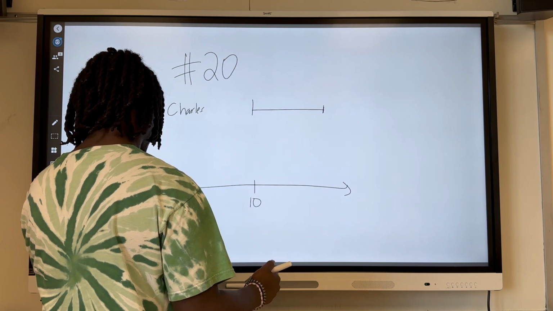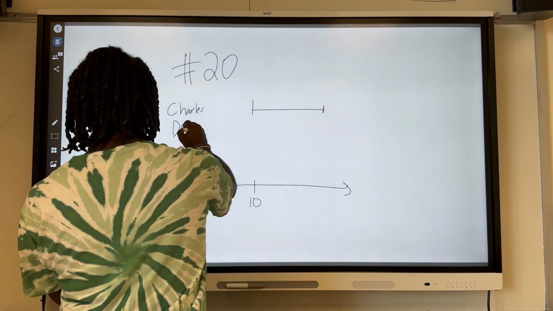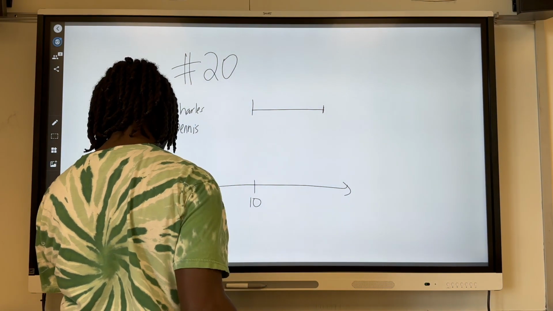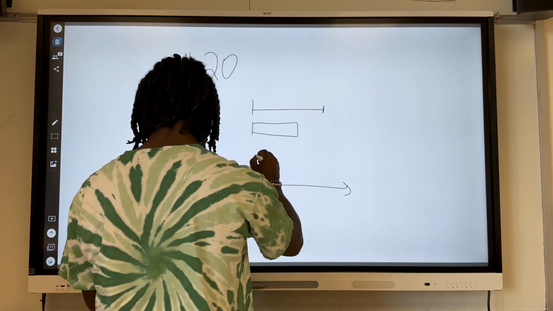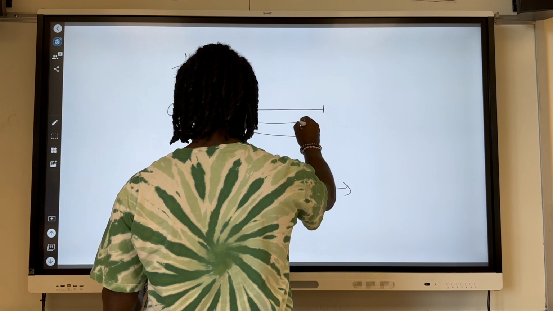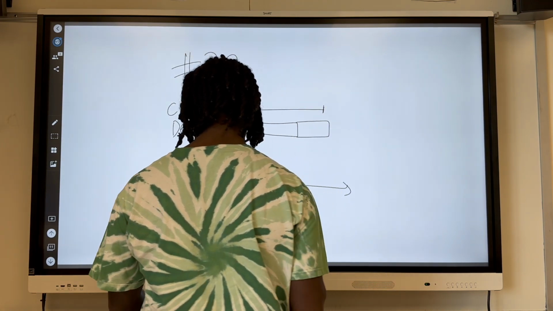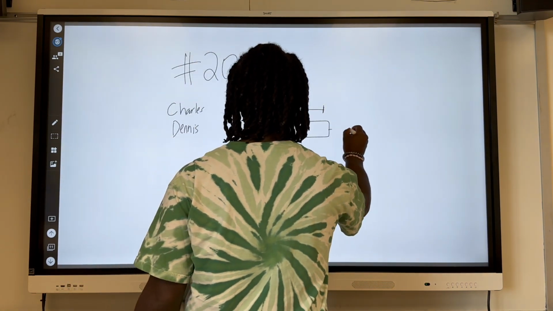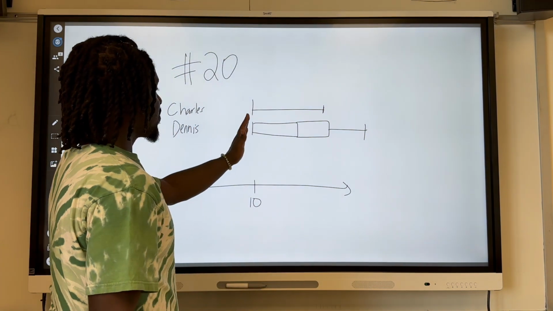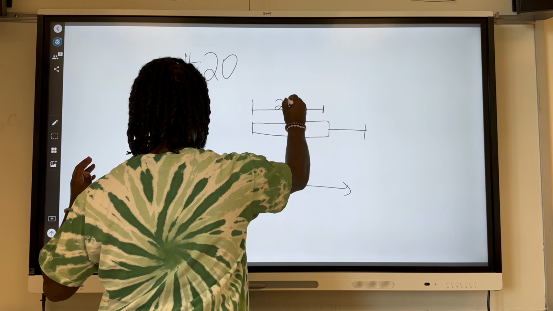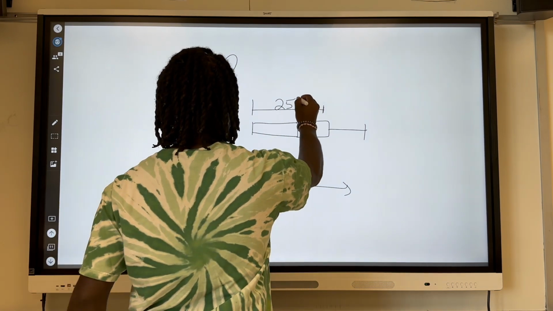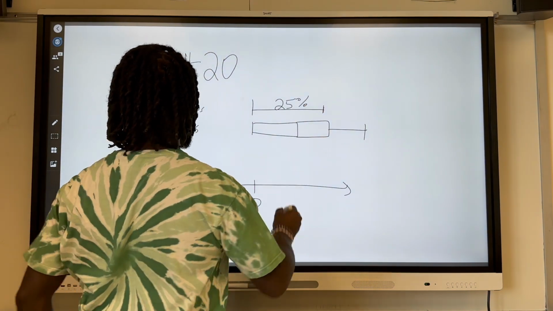And then Dennis, if you look, his has a box. Actually, his has 2 boxes and then a line. In other words, you got to remember that each piece is 25%. So Charles had 25% that was greater than 10.